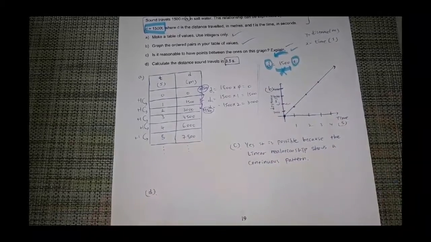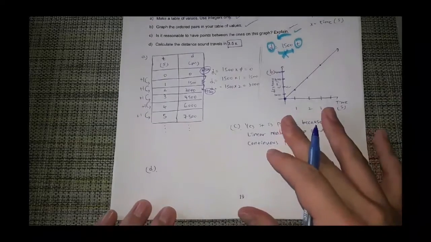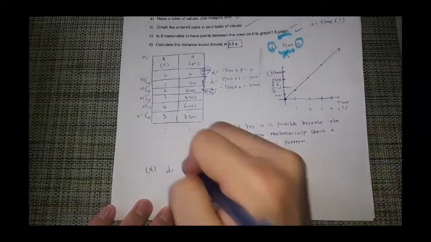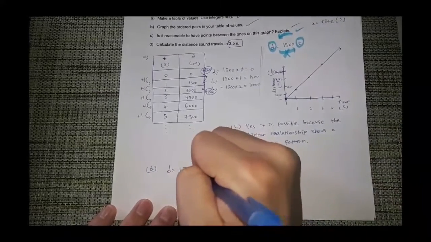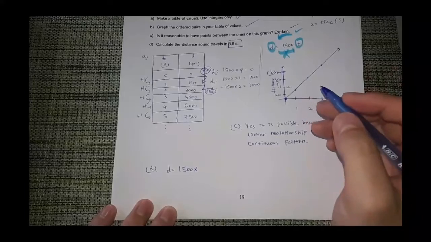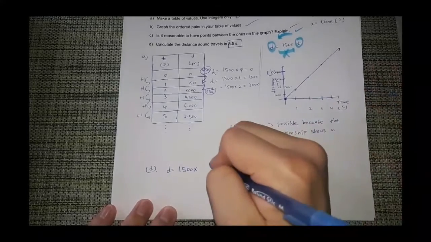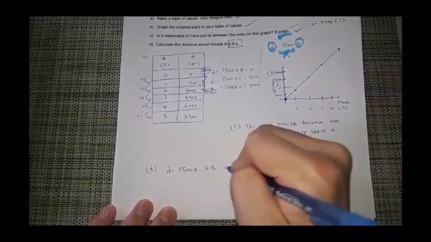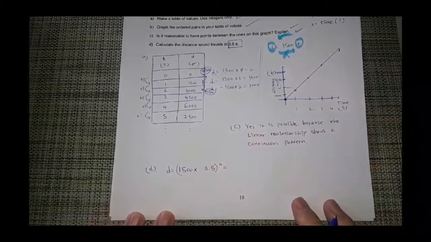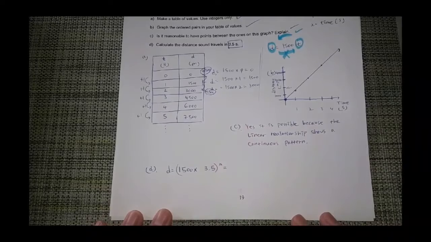D is asking, calculate the distance when the sound travels 3.5 seconds. So that is a fancy way of saying d is equal to 1,500, you know that was the original number over here, multiplied by time, which is 3.5, so you are multiplying 3.5 and the unit will be meter because the distance unit is meter.